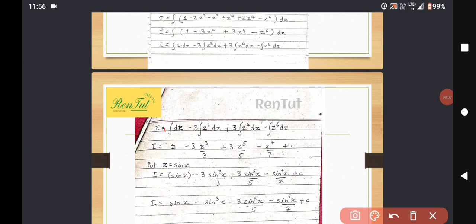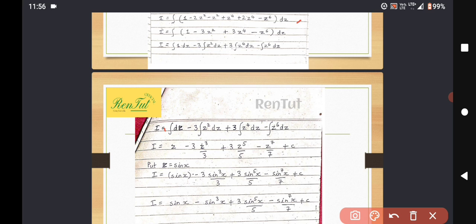Students, we had previously studied and completed this step. This step is where we have 1 minus 2z square minus z square plus z raised to 4 plus 2z raised to 4 minus z raised to 6, bracket close, dz.